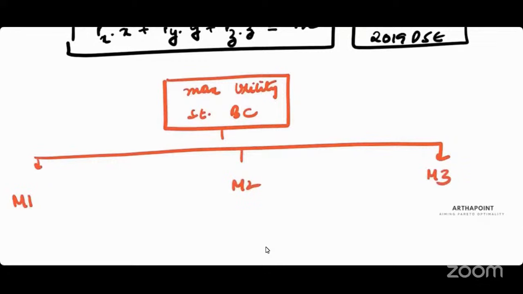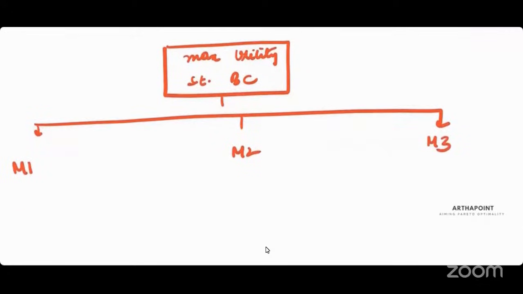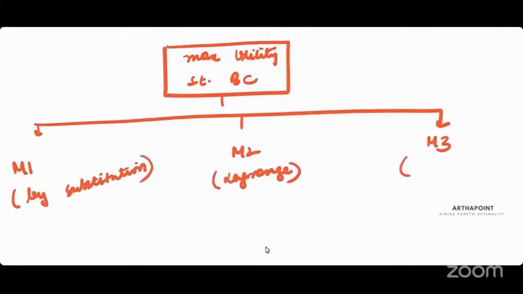All of these are going to yield the same answer to you. They're just the same thing done in different ways. The first method is by substitution. The second is by forming Lagrange. And the third is by using utility maximization equation.